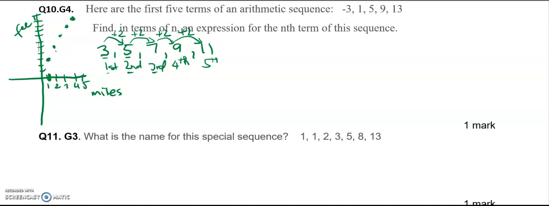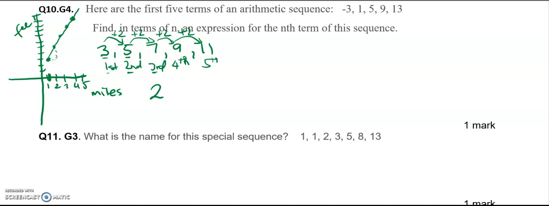And that is what we also call the gradient. So that's going from 3, 5 to 7, 9, 11, and so on. You can see the line. So that is £2 per mile.